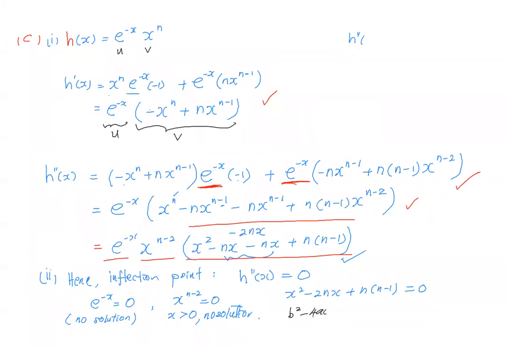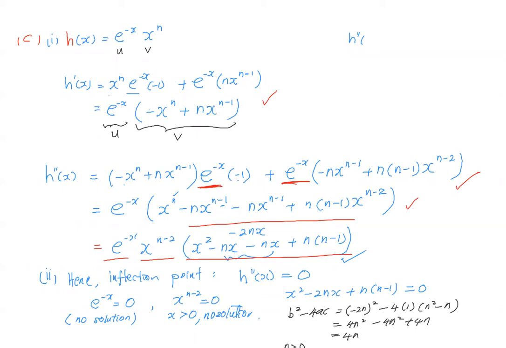This is very important, please, class. b squared minus 4ac. Your c is like that, am I right? So 4n squared minus 4n squared plus 4n, equal to 4n. n is greater than 0.